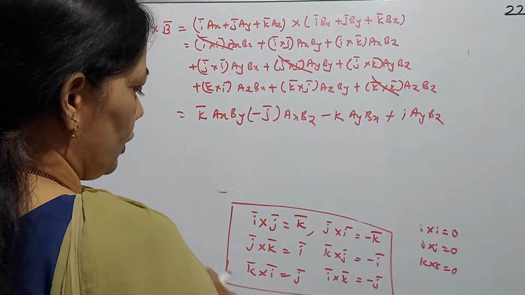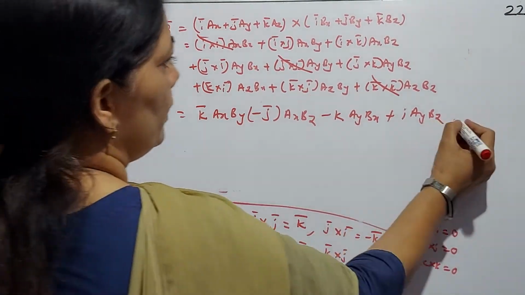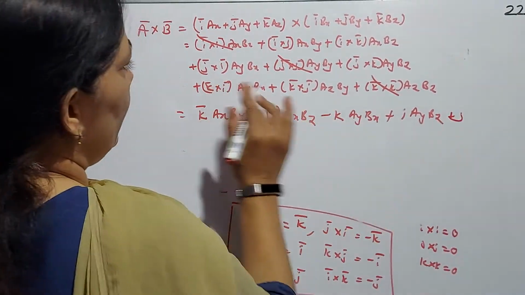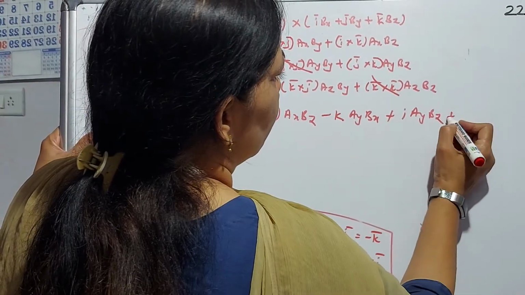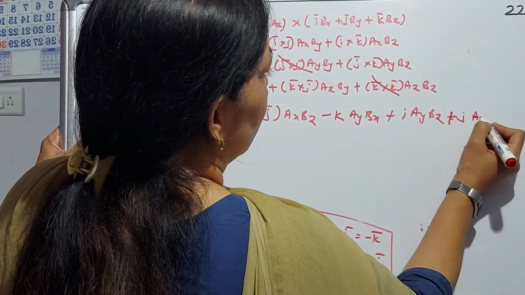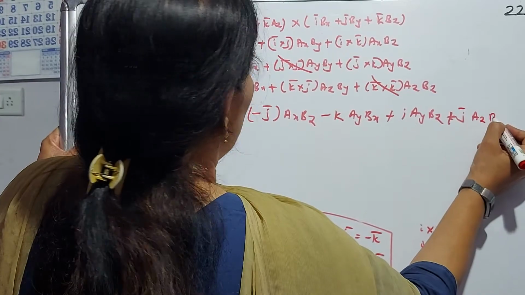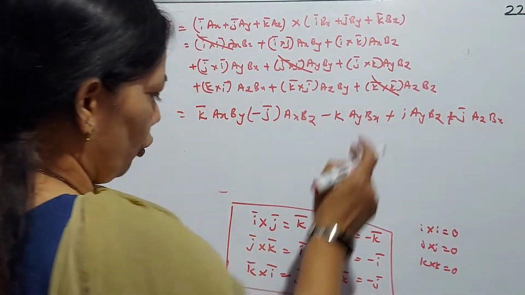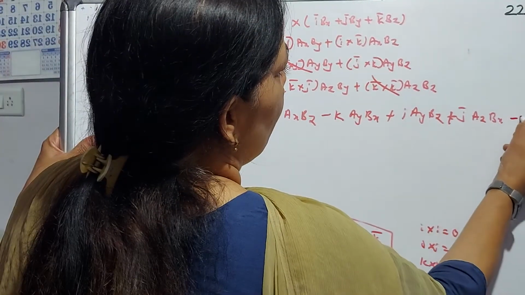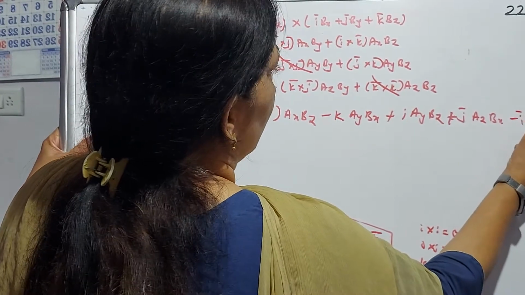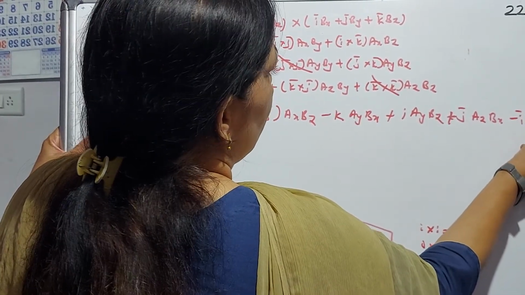Then K cross I is how much? Plus J AZ BX. What is K cross J? It's minus I AZ BY.